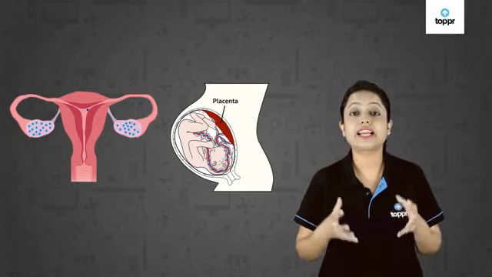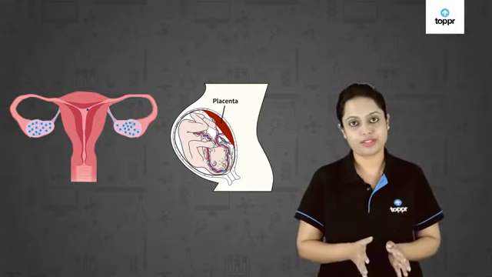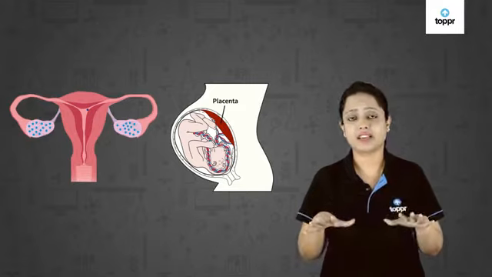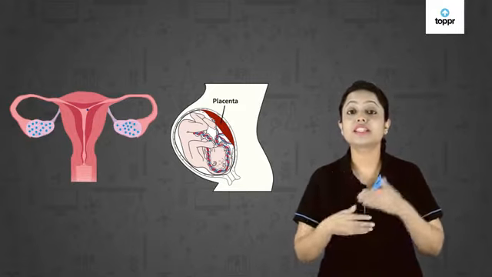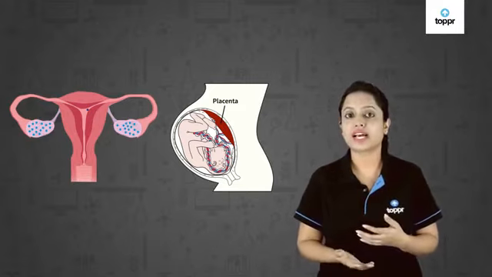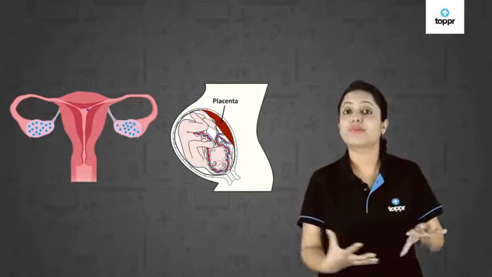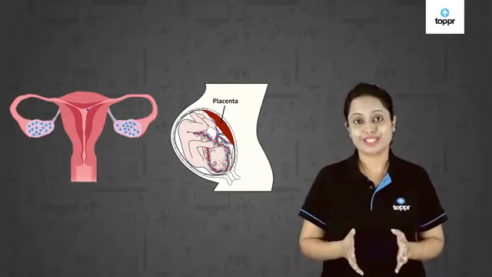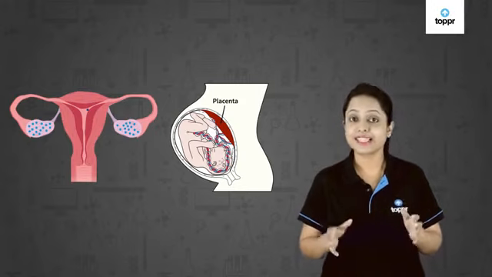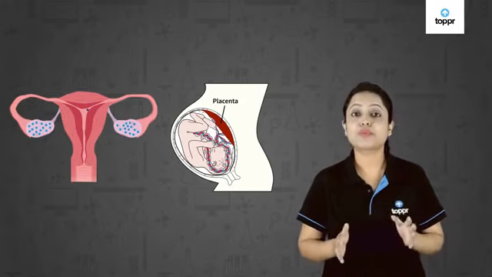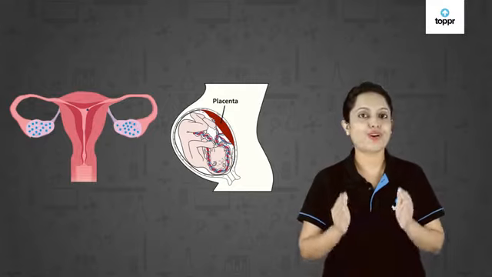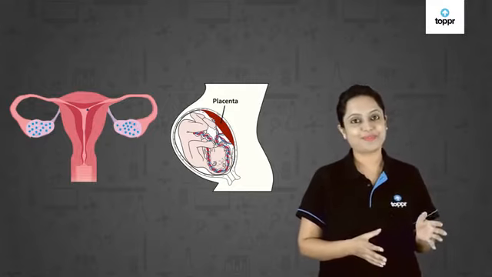The placenta is a disc-like tissue present in the uterus. It has many villi, and these villi increase the surface area so that glucose, etc. can pass from the mother's body to the fetus or the embryo. Hence, this way, the mother provides sufficient nutrients and oxygen to the baby.